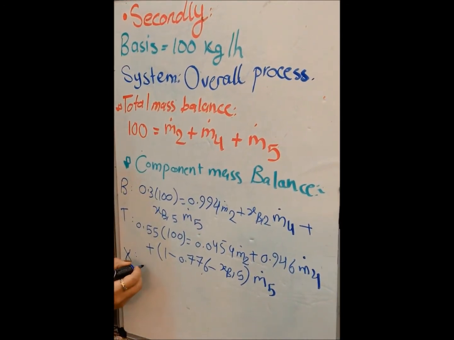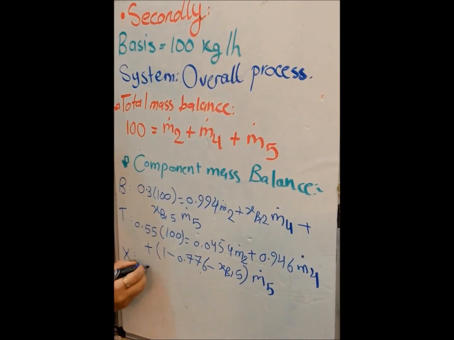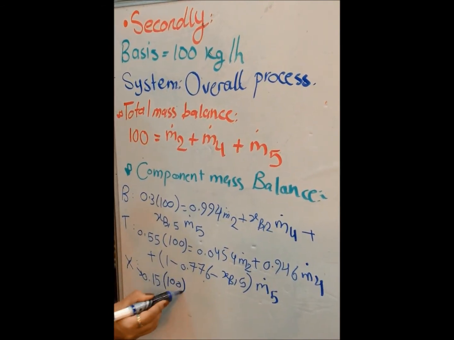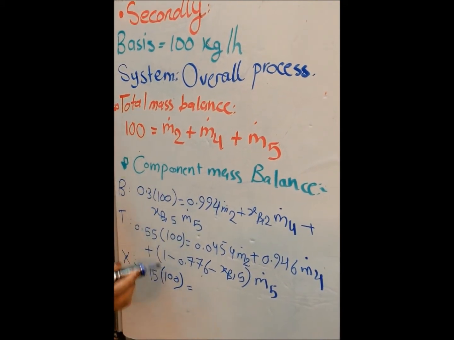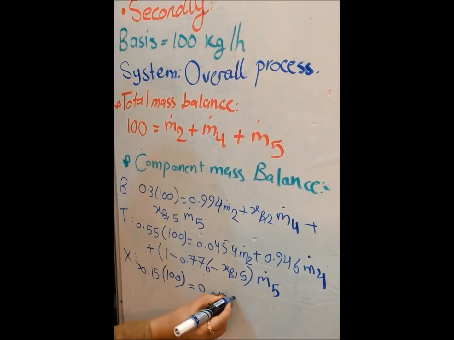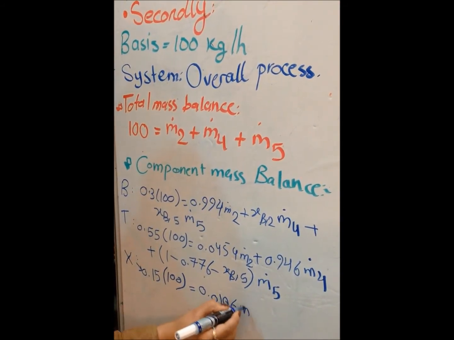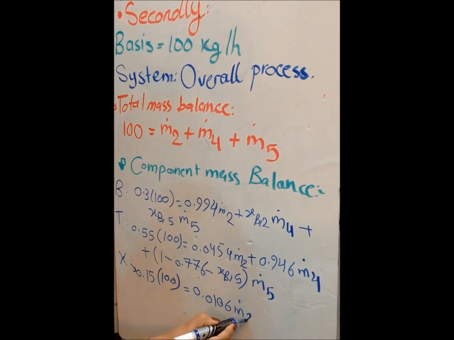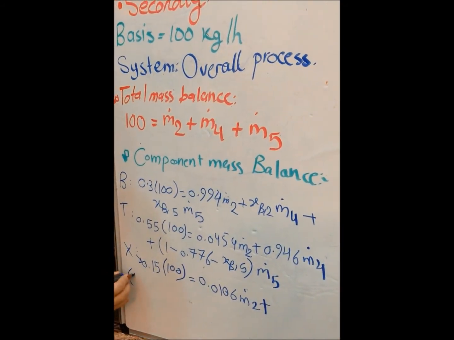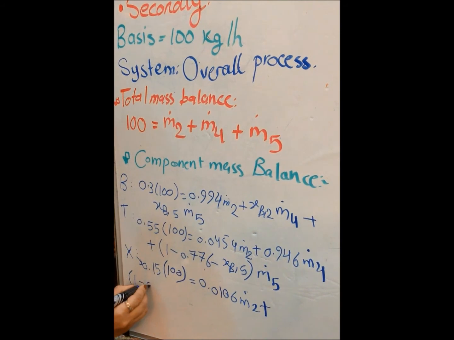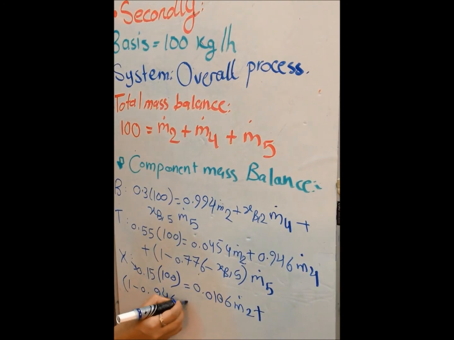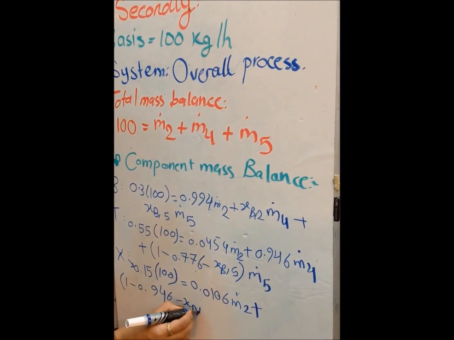For the xylene, we have a composition which equals 0.15 times the mass flow rate of the first stream, and this all equals 0.0106 times the mass flow rate of stream 2 plus 1 minus 0.946 minus the composition of the benzene in the fourth stream.